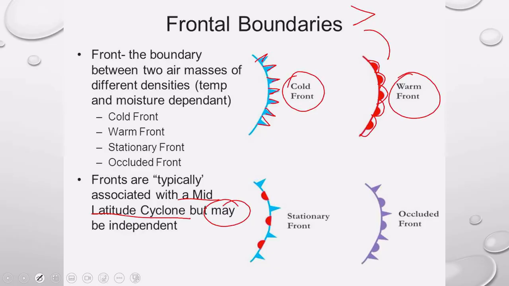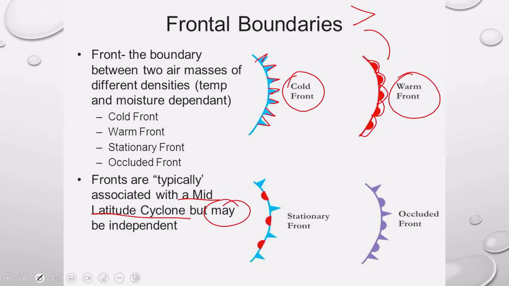Remember, to enrich you again, behind the cold front, you will find cold air. It is called a cold front because it is pushed by cold air. And warm fronts are called warm fronts because they are pushed by warm air. Behind the warm front, there is warm air.